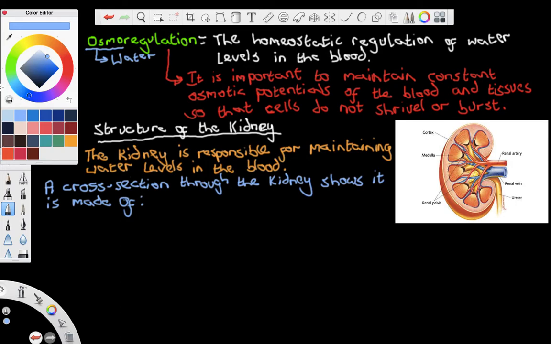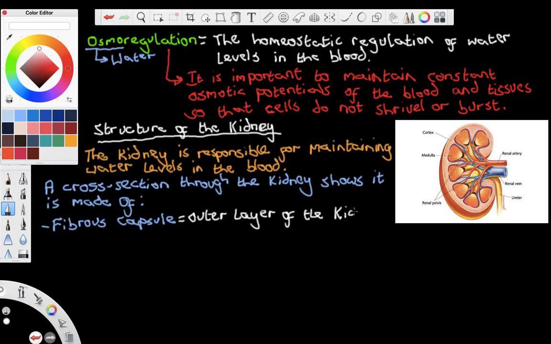We've got what's known as the fibrous capsule, which is the outer membrane that protects the kidney. So that's not shown on this diagram, but the outer layer of the kidney is known as the fibrous capsule, F-I-B-R-O-U-S, the fibrous capsule, which is the outer layer of the kidney that protects it.